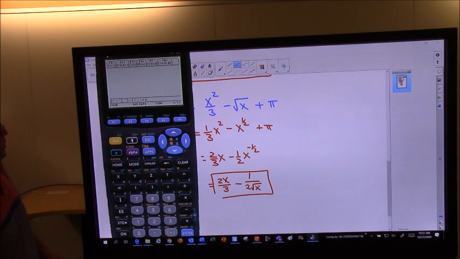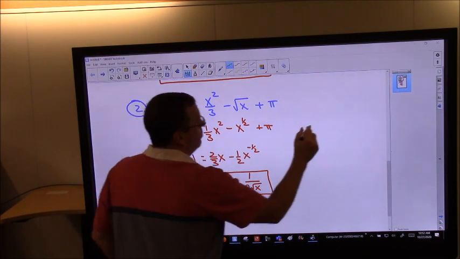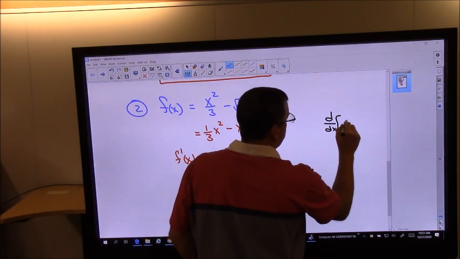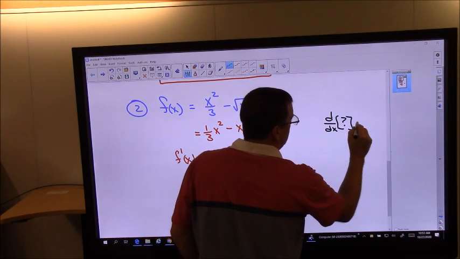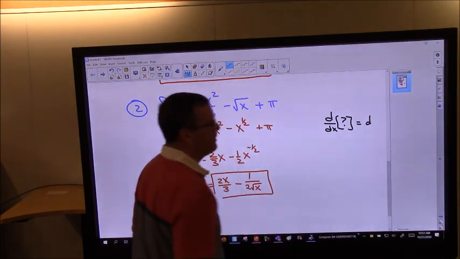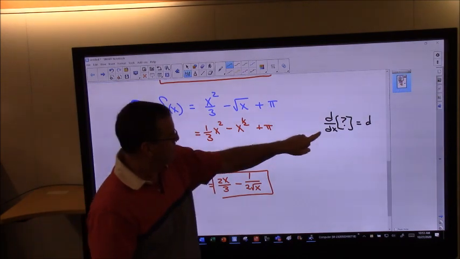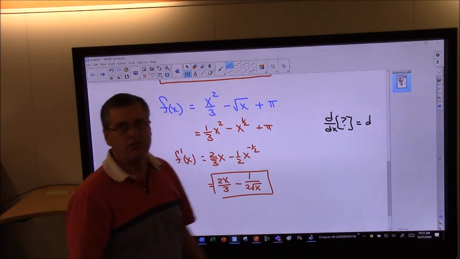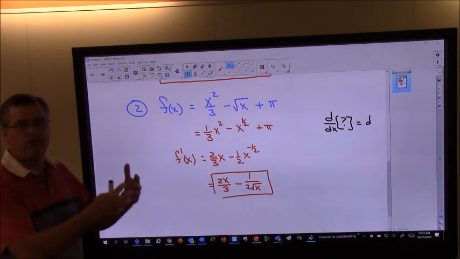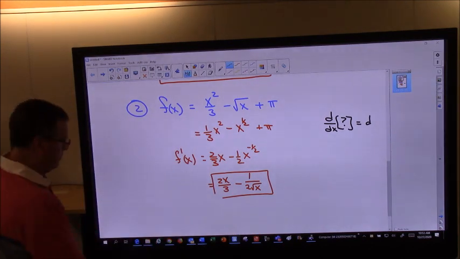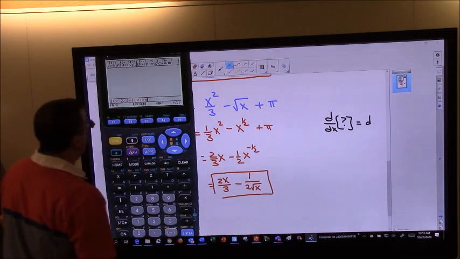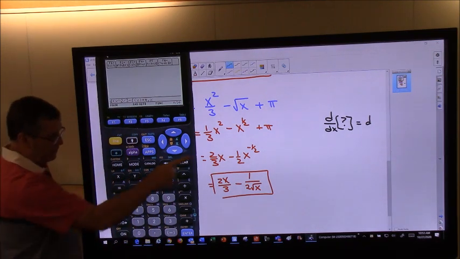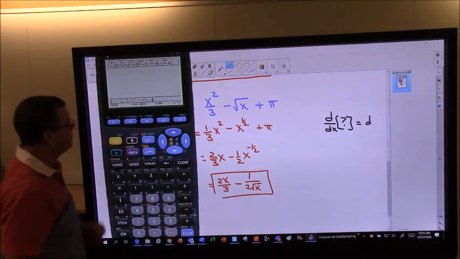All right, and then when we go back to this, d over dx of whatever, that's equal to our d on the calculator. But the dx part, we still need to put in there. So the calculator wants to know the derivative with respect to what? So I need to go comma x.